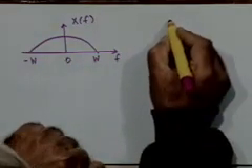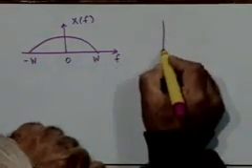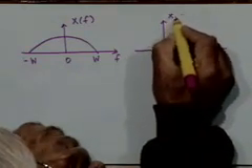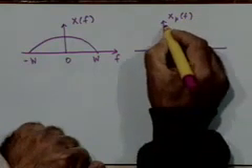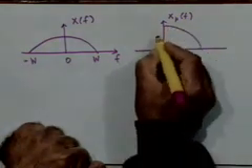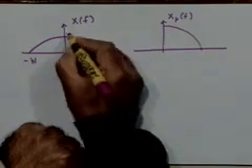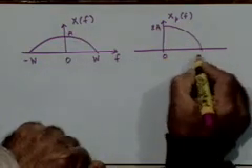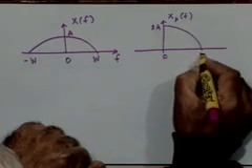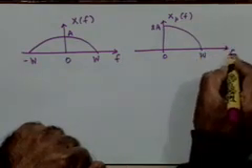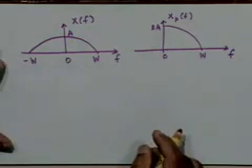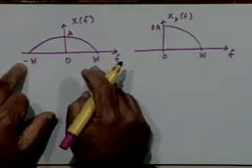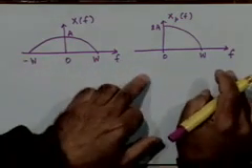Then the spectrum of x sub p of t, X sub p of f, would extend, suppose this is A, so this will be 2A going from 0 to w. So it becomes a one-sided spectrum. From a two-sided spectrum for the real signal, you get a one-sided spectrum.